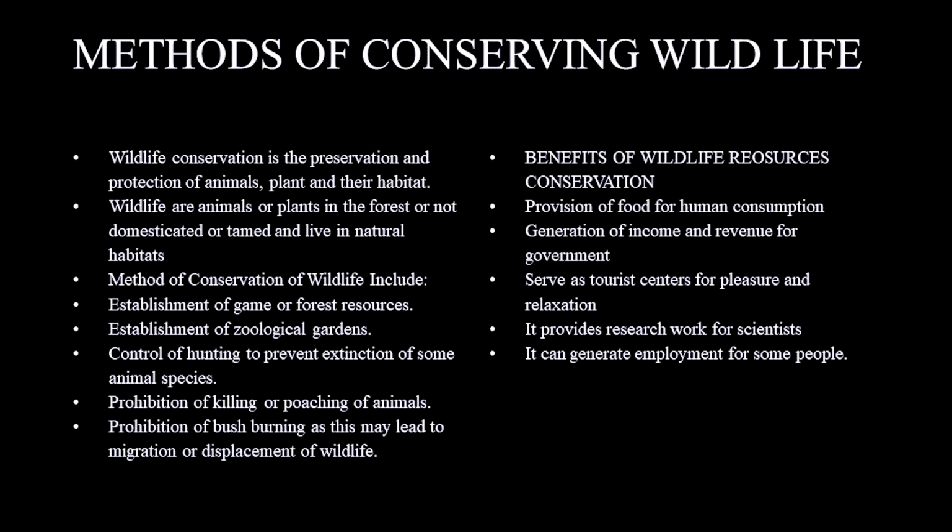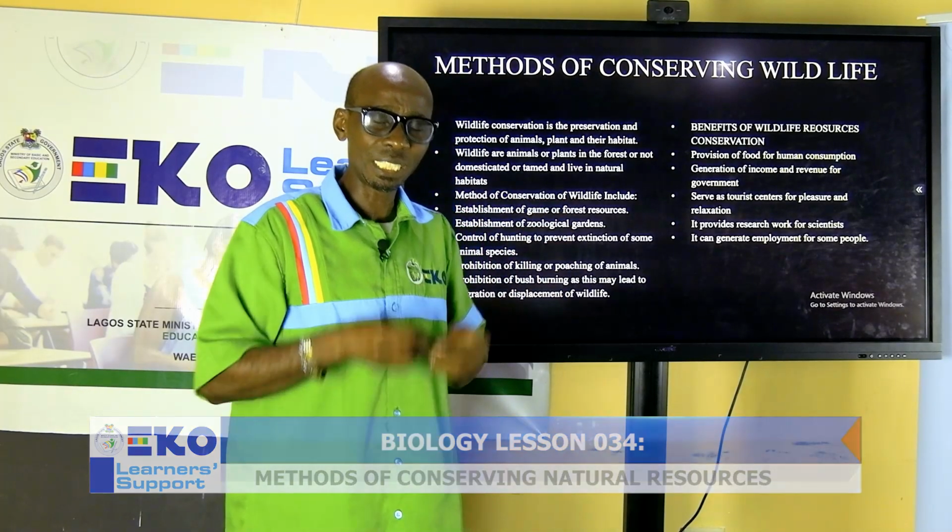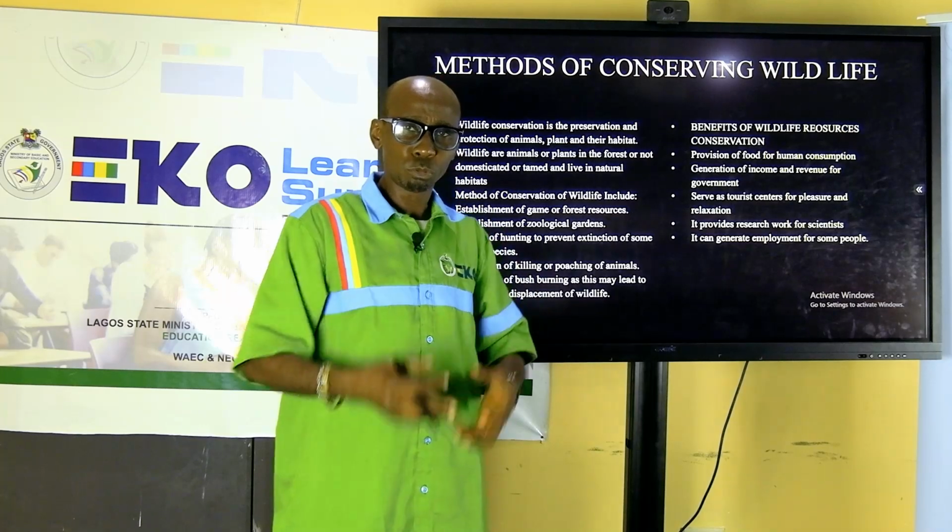A game reserve is where we keep these animals to monitor their development, to see them in their natural state. We also have zoos. Zoos are restricted environments where the animal is not in its natural state, but we cage it and feed it just for people to see.